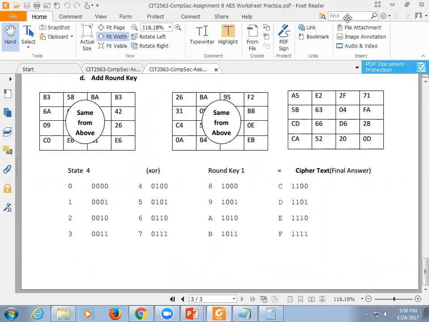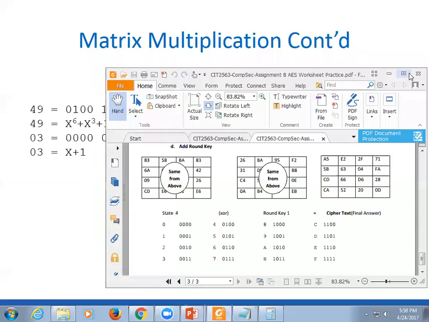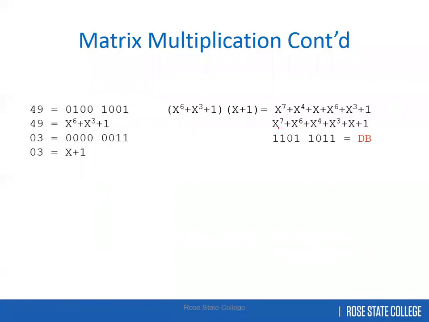Okay, do you see how I got this right here? I took this times this and got this. Do you agree with that? Okay, yeah, I see it. So x times x to the 6th becomes x to the 7th. I got it. You got that now?